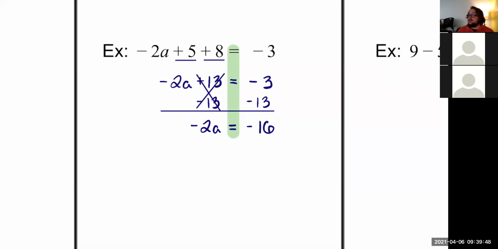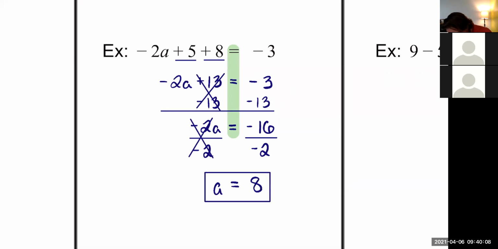And what's left to move? Divide the -2 from both sides. So the -2 divided by -2 is +1, which hides. -16 divided by -2, a lot of you are saying is +8. We're done.